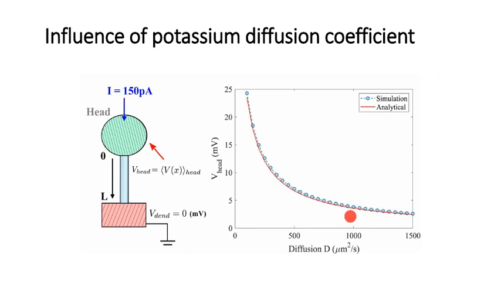However, if we look, let's say, from 1000 to 500, you can see that changing this diffusion coefficient leads to a voltage in the head which is almost constant in this range, around this different value here, for an injected current of 150.